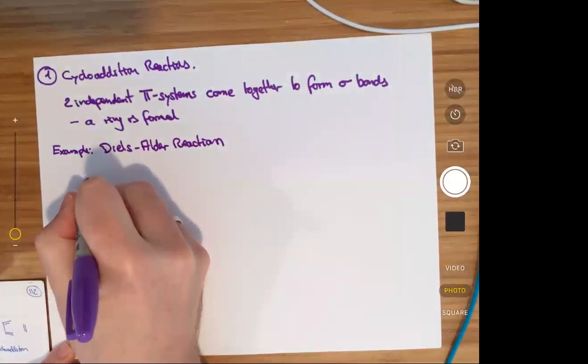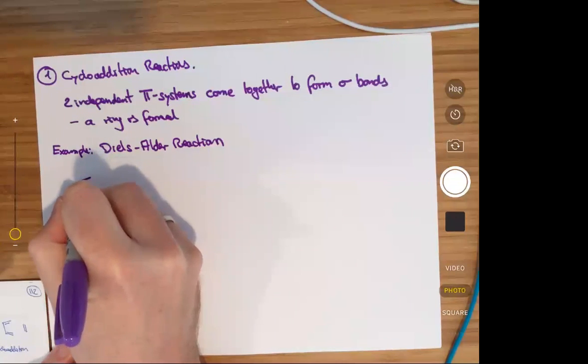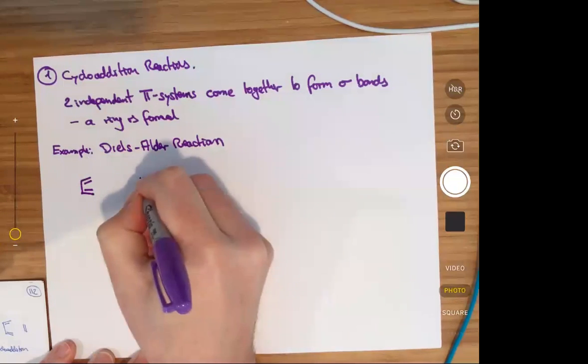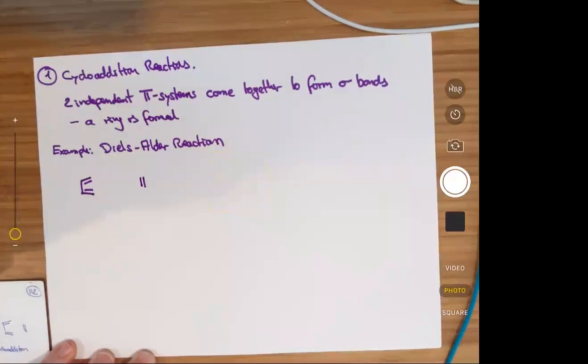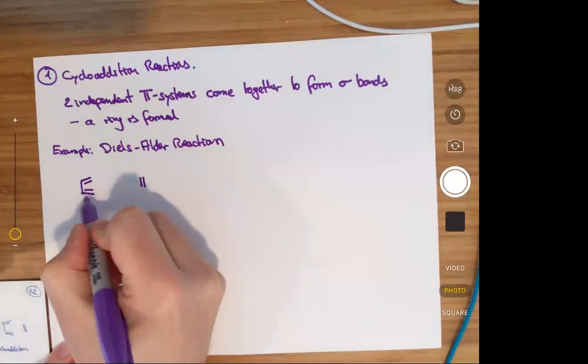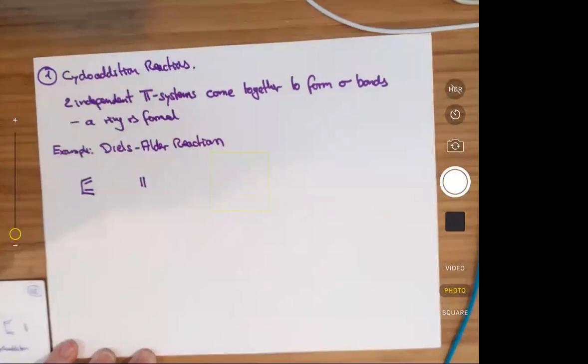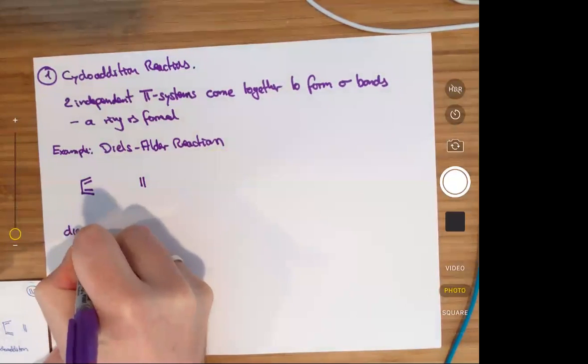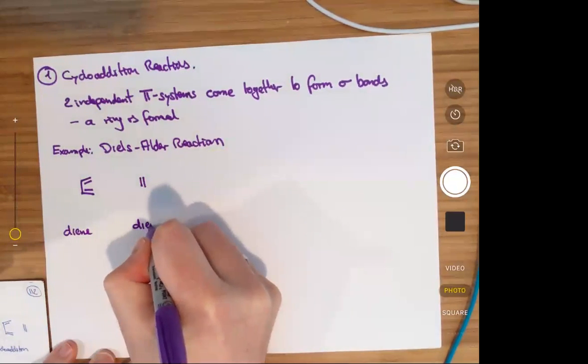In a Diels-Alder reaction, these are usually a diene and a dienophile. In this case, the simplest combination that you can think about is butadiene and a simple olefin. So we call these the diene, and this is the dienophile.